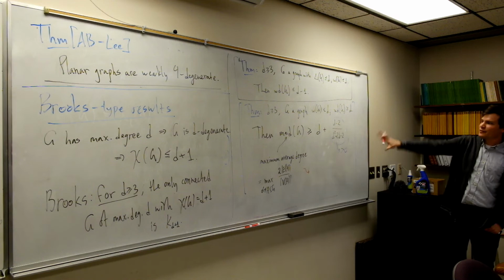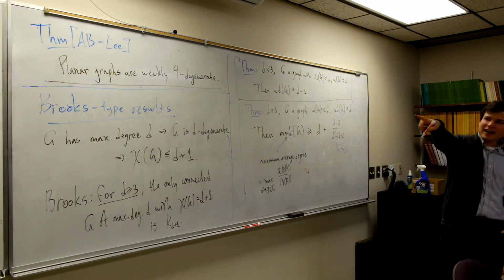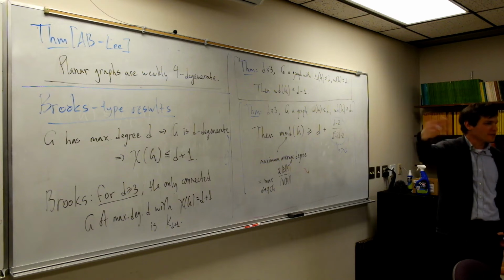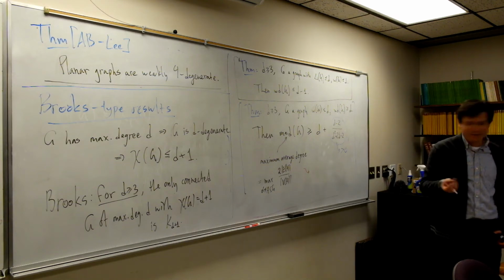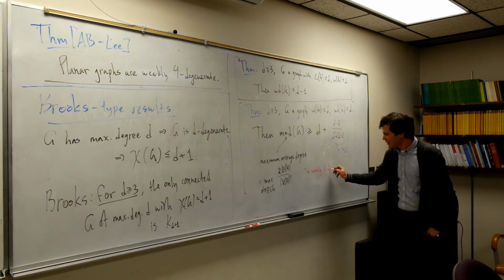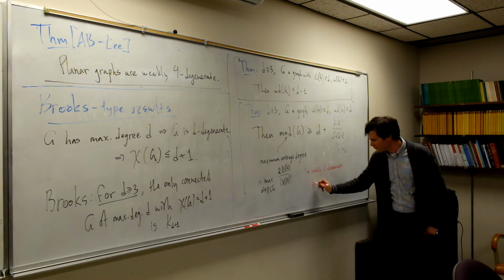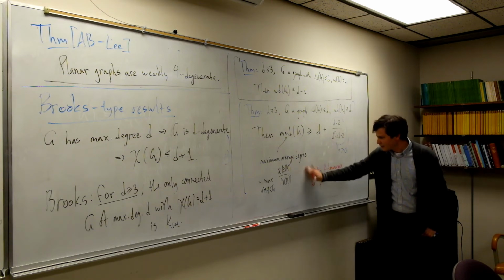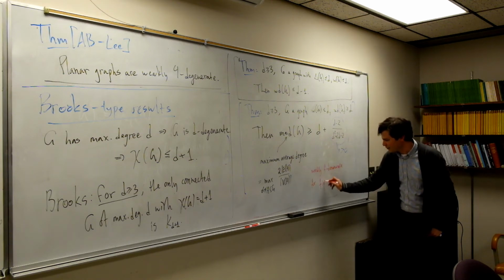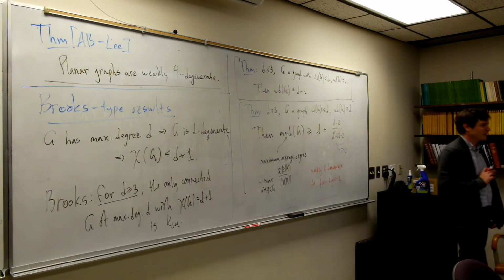So far I have only talked about the specific value of this weak degeneracy, but if you remember the definition, I can also ask for a graph to be weakly f-degenerate with respect to any particular function f. In particular, you may be interested in graphs that are weakly f-degenerate where f of a vertex is just equal to the degree of the vertex minus 1, rather than the global maximum degree minus 1.